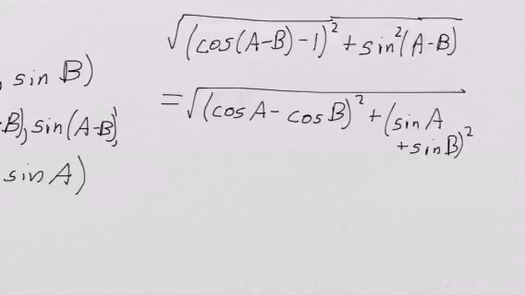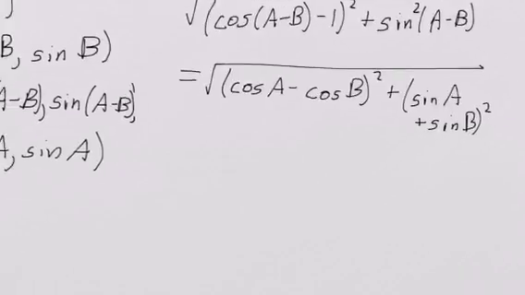So now we can go ahead and square both sides. That'll get rid of the square roots.